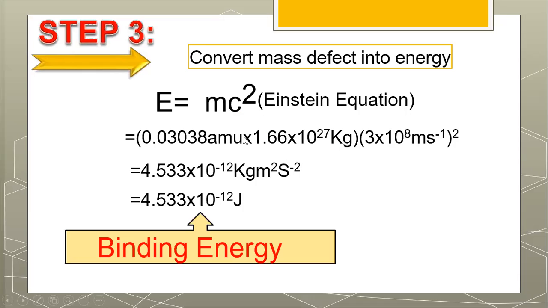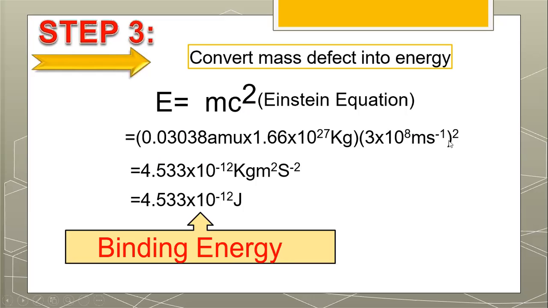So in this equation, according to the equation of Einstein, the loss of mass will be equal to this. When we want to convert this atomic mass unit into kg, you will have to multiply this loss of mass with 1.66 multiplied by 10 raised to power minus 27 kg. By multiplying the velocity of light, c will represent the velocity of light here, and the value will be equal to 3 multiplied by 10 raised to power 8 meter per second.